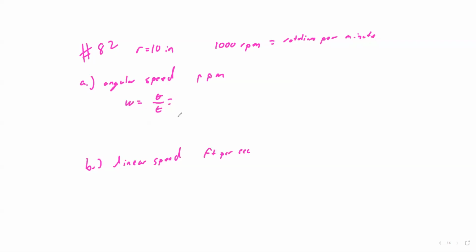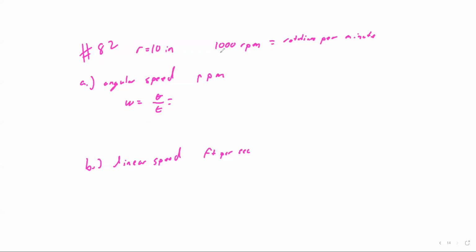So there's 1,000 RPMs per minute. We got a 10-inch radius, 1,000 RPMs.